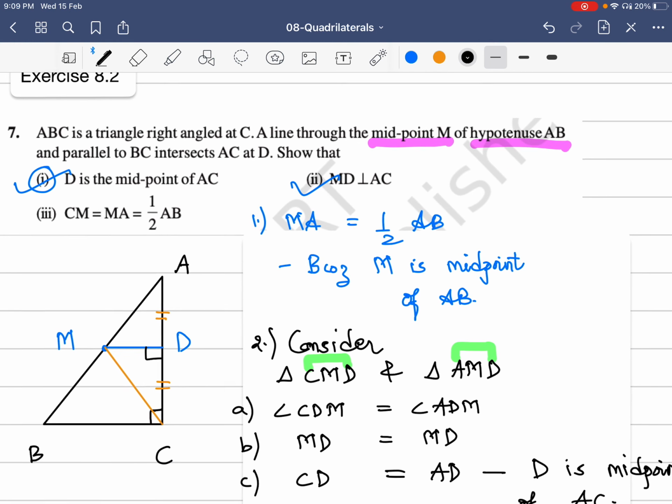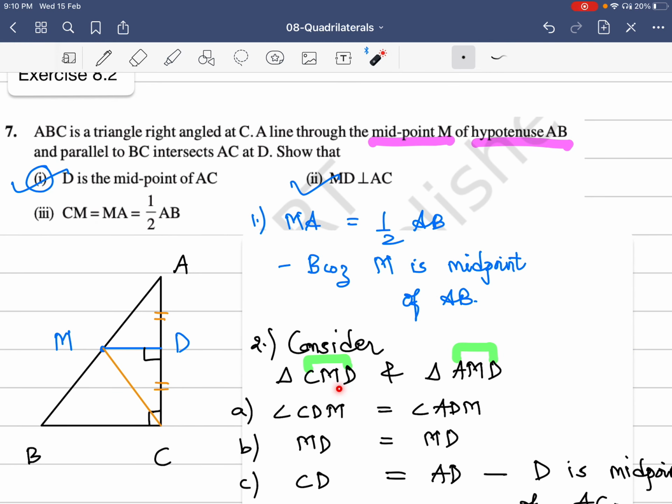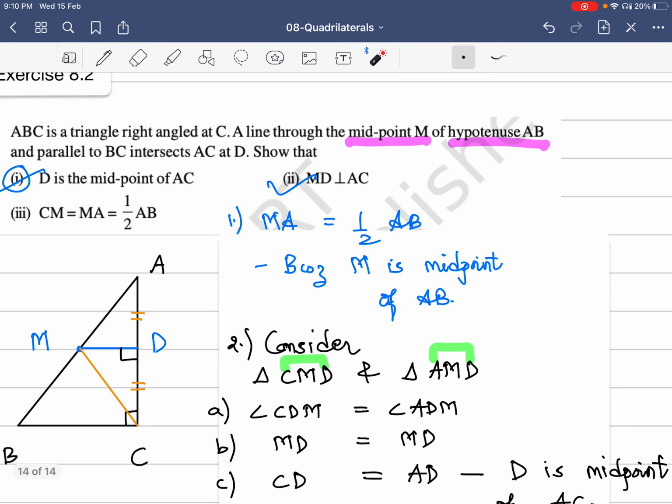D is the midpoint of AC. So now, if you consider these two triangles, CMD and AMD, so we have this side, and angle. This angle CDM, side, angle, side. So it's a SAS test of congruency. So let's come here.